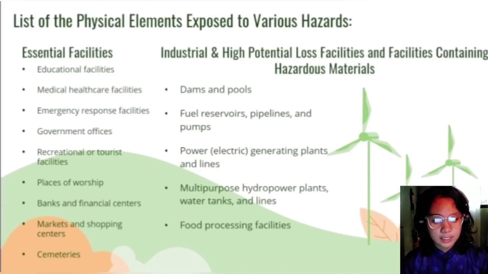Under the industrial and high potential loss facilities and facilities containing hazardous materials are dams and pools, fuel reservoir, pipelines and pumps, power generating plants and lines, multipurpose hydropower plants, water tanks and lines, food processing facilities.